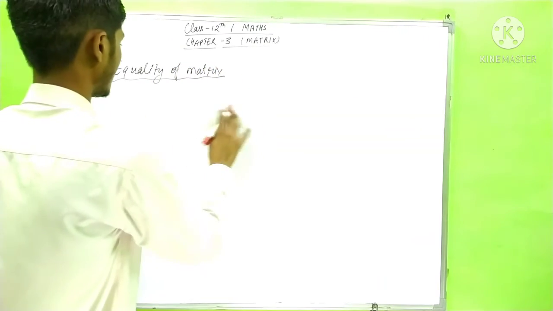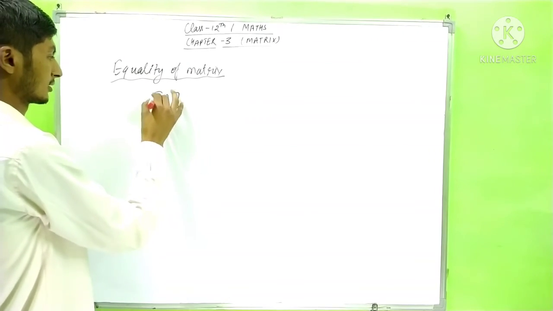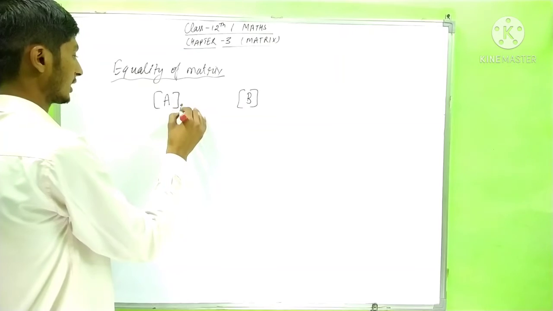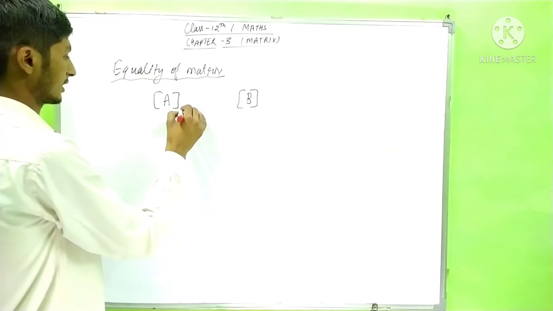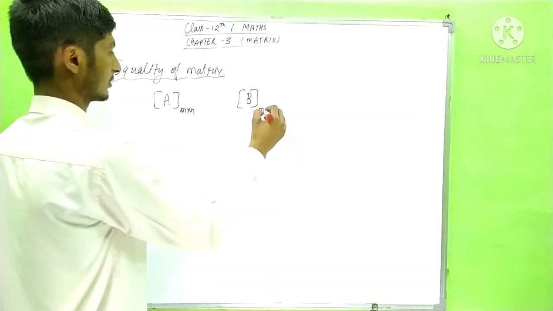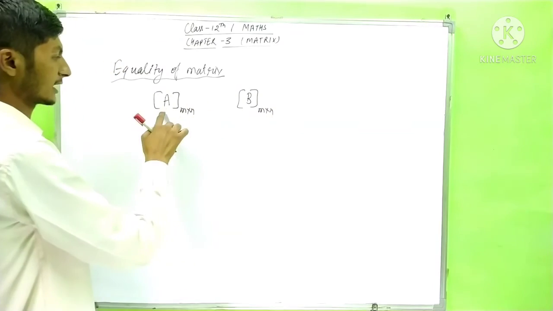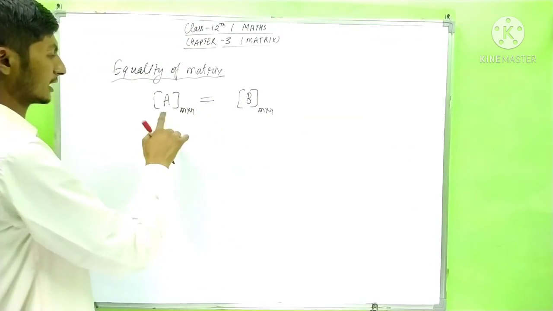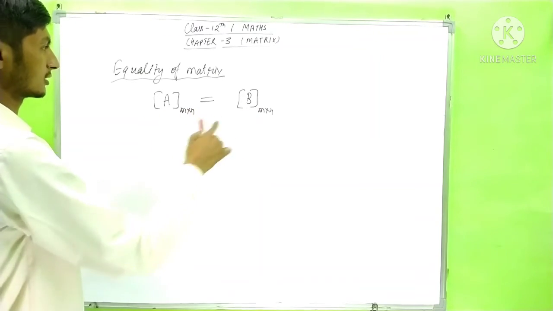For this, let's say we have a matrix A and we have a matrix B, both m by n. The orders of matrix A and matrix B are the same, and then they are called equal matrices.